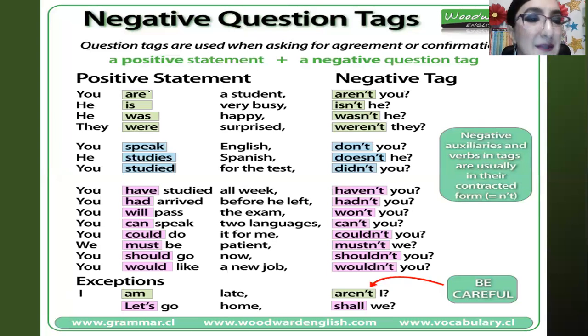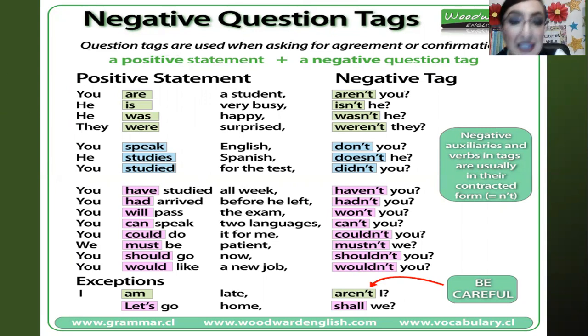Here, this is easy because your verb to be is going to be the auxiliary verb. You are not going to need an auxiliary verb because the verb to be is its own auxiliary verb. The situation changes, for example, in present simple and past simple.